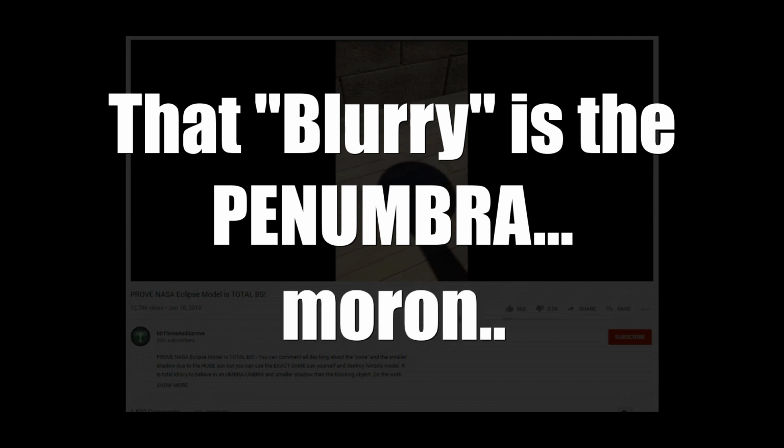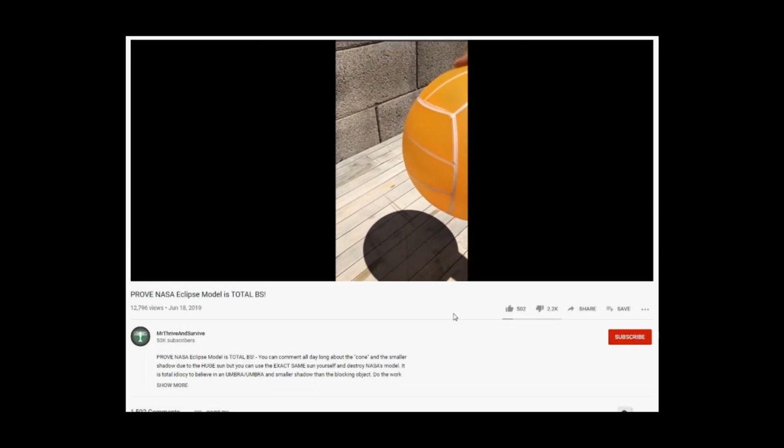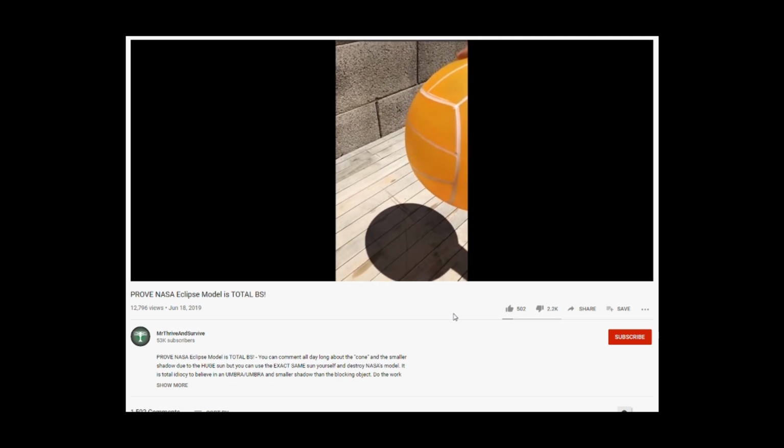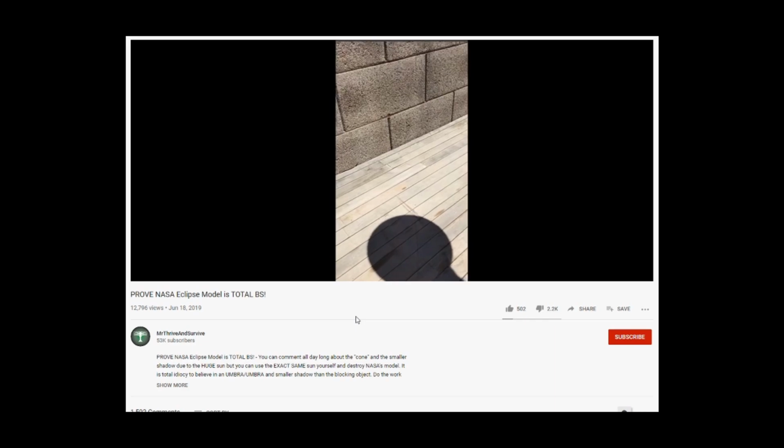That's it. You get no cone effect. And you should. It's the exact same sun. It's even bigger because of our atmosphere. So we should get even much smaller shadow. And take two balls. Cast one shadow on the other. See if you can get the shadow to get smaller on the other one. You can't do it.